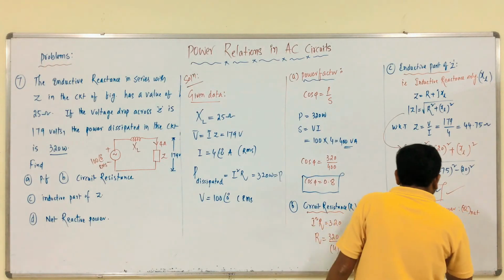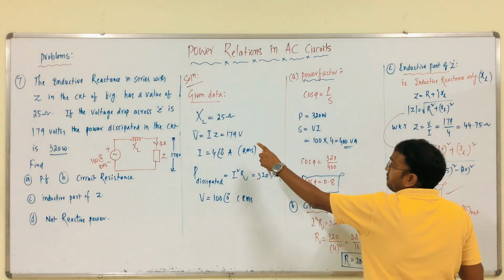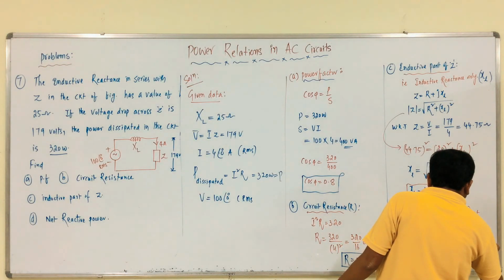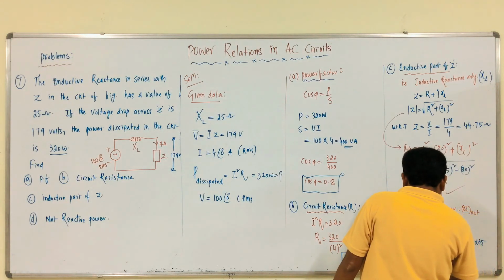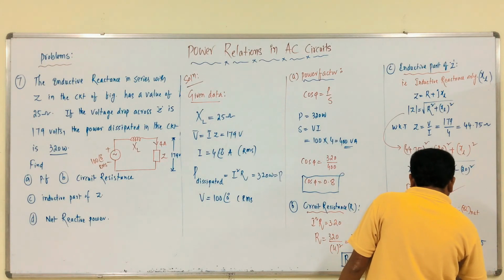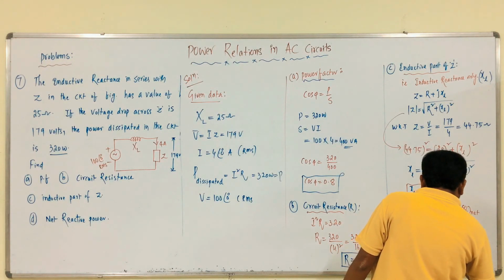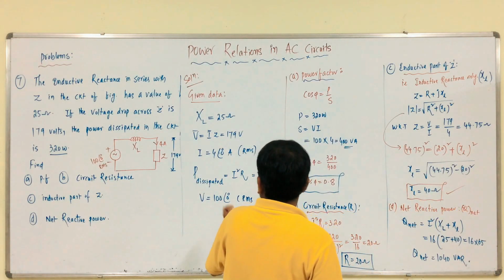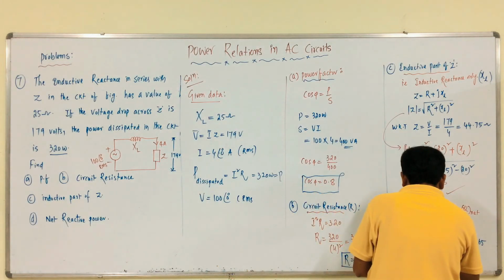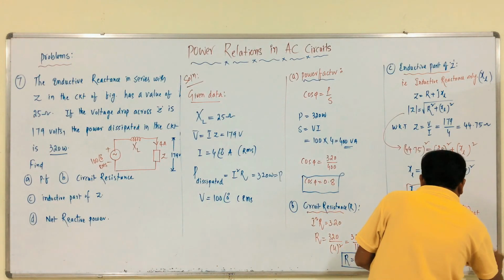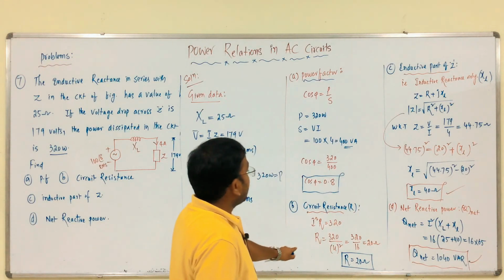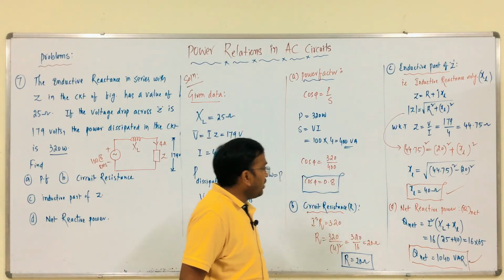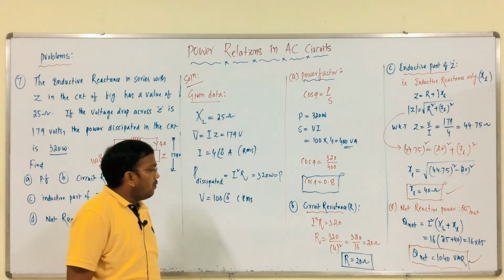I is 4, so 16, into XL which is given as 25 plus 40, which is 16 into 65. Therefore Q net is equal to 1040 VAR. So we have the power factor, circuit resistance, inductive reactance, and net reactive power, 1040 volt ampere reactive.